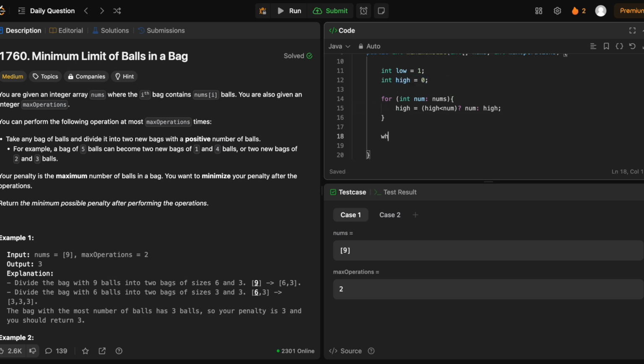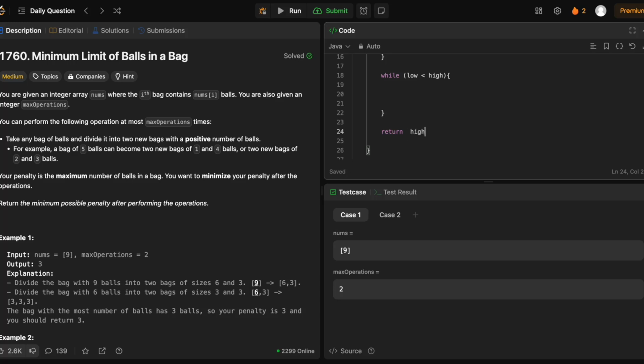Now when I do a binary search, while low is less than high, then the loop continues. This is a binary search structure. I usually prefer to put my return statement before I do a lot of things, so I don't forget about it.